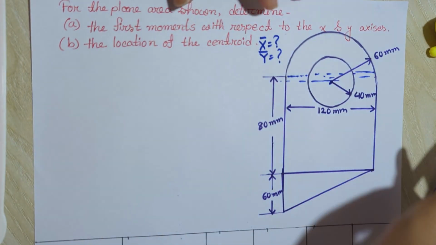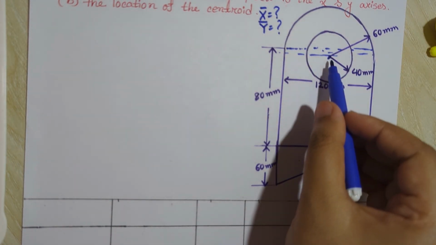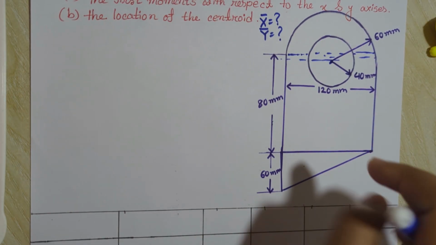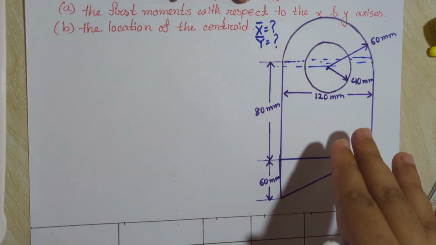So here we can see there are four things: a triangle, a full circle, a semicircle, and a rectangle. And we already know how to find the centroid for these four figures.